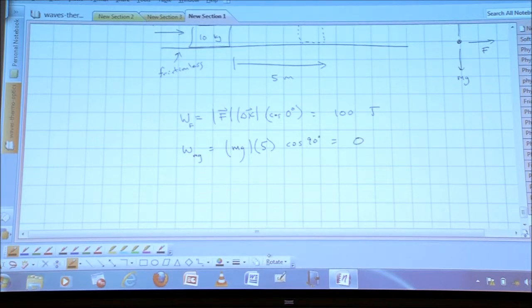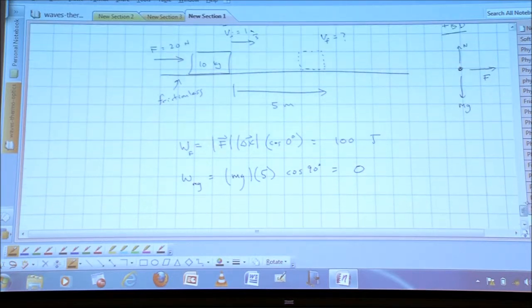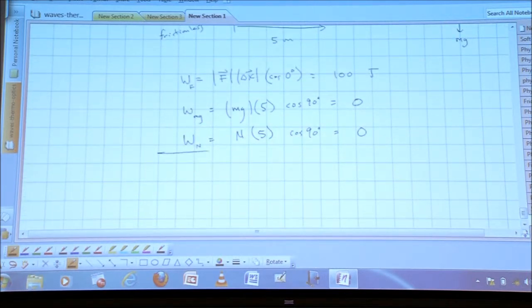So gravity does no work, because it's perpendicular to the displacement. You see that? And the same with the normal force. Work done by the normal force is N times 5 cosine 90 degrees, 0. So we add them up. We get plus 100 joules.